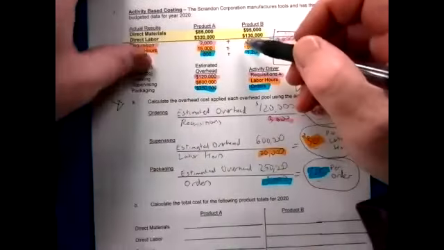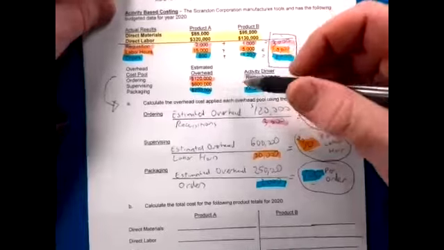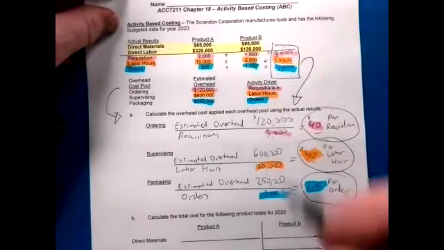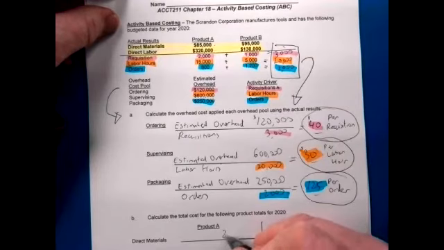Okay. So let's get the easy ones down here, and that is the direct materials and direct labor. Those are easy. They're already given to us.